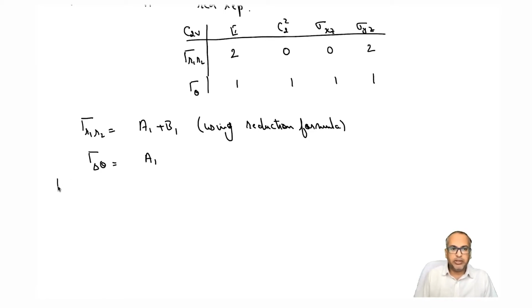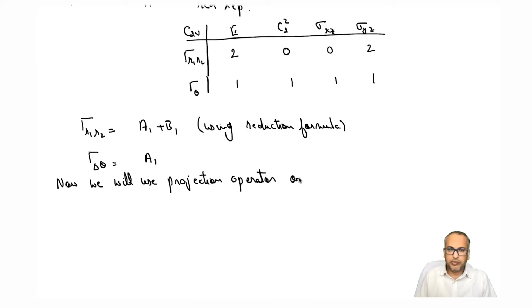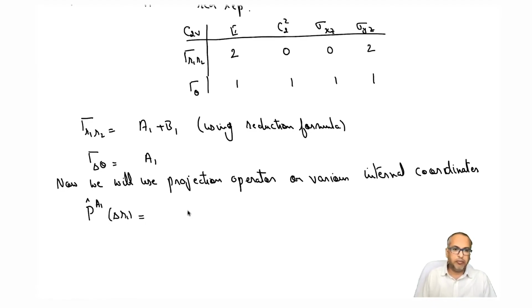Now what we do is use the projection operator on various internal coordinates. So we will do projection of A1 onto delta R1. I'm sure you all know how to calculate this.